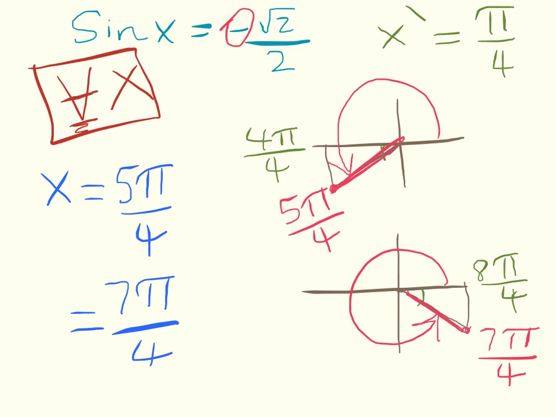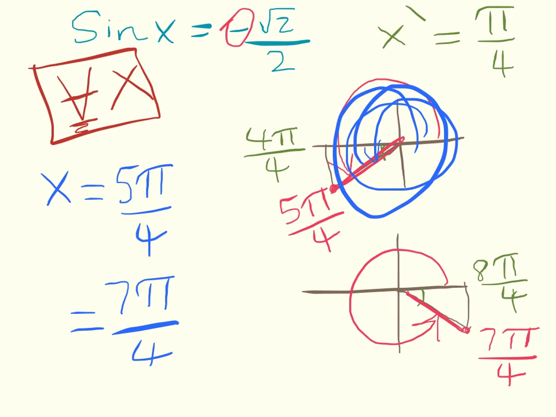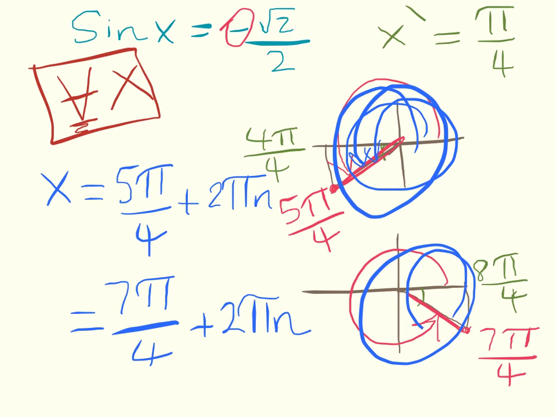In that case, I need to think, well, if I add another rotation, I can get to that angle. So if I keep adding 2 pi's, which is one full rotation, the angle will repeat. And we saw that in our graphs, in the sine and cosine graphs, like the tsunami problem that we did in class. So that's why it will keep repeating every 2 pi. That's your answer.